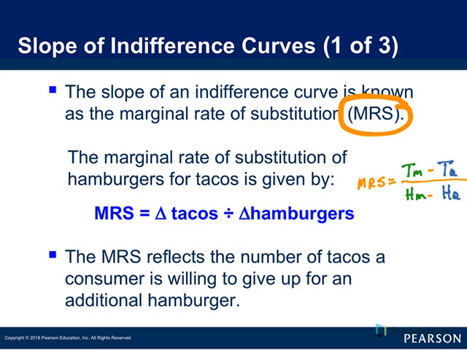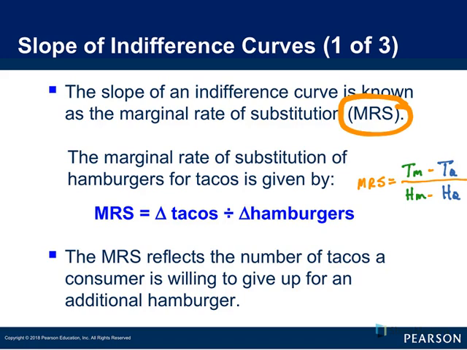If you wanted to get one more on the margin, one additional hamburger, what's the rate at which you would substitute tacos? So how many tacos would you give up to get a single additional hamburger?